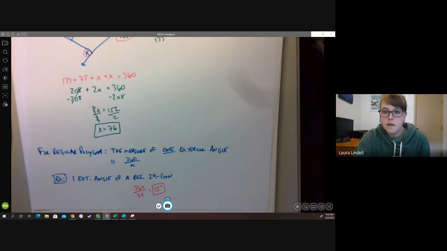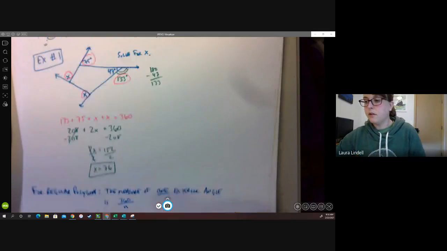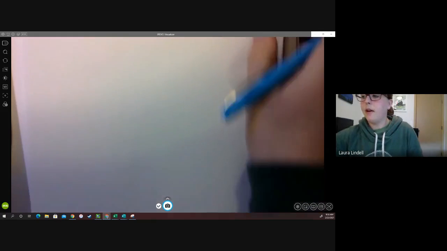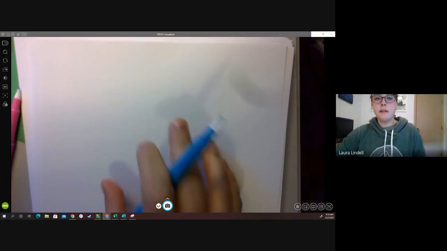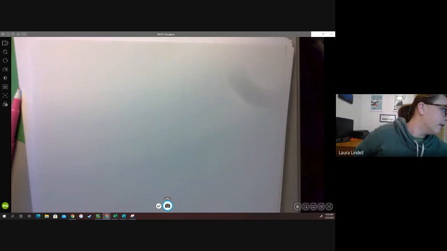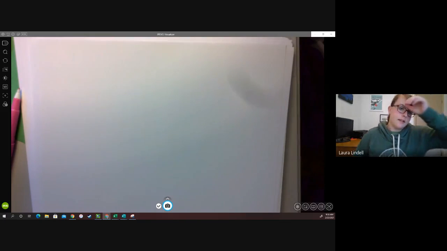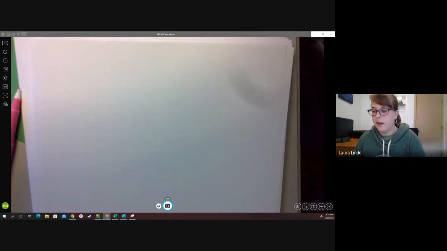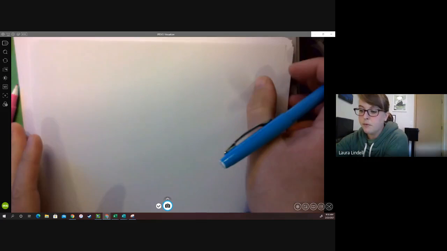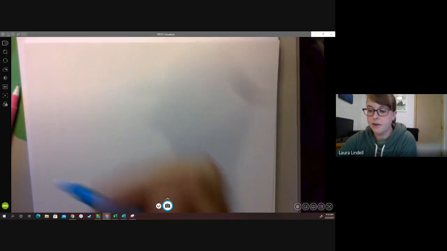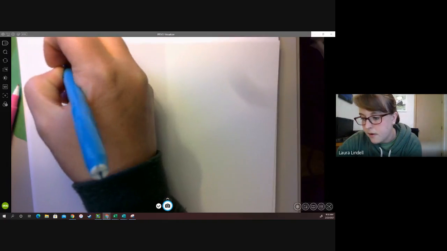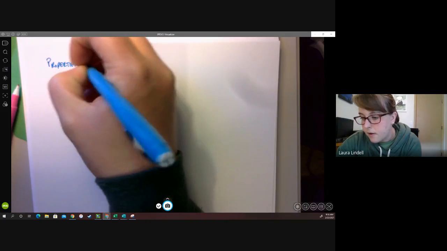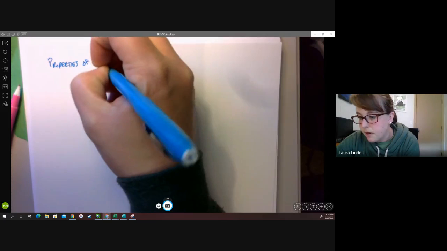Okay, then moving right along here to 7.2, parallelogram properties. A lot of the parallelogram properties might seem fairly familiar to you. And it's called a parallelogram, which is kind of nice and tells us a lot about it already. But here we go. Properties of parallelograms.